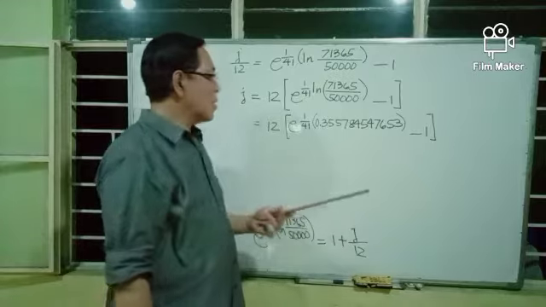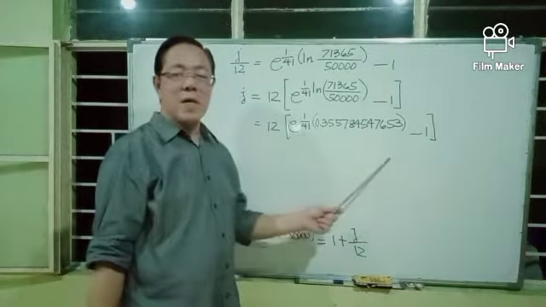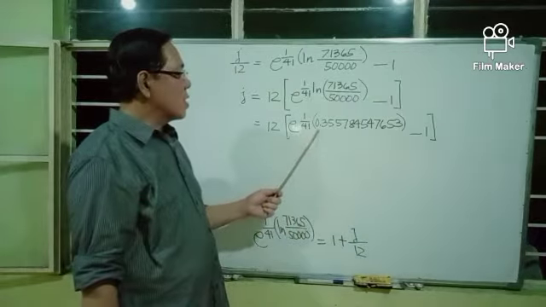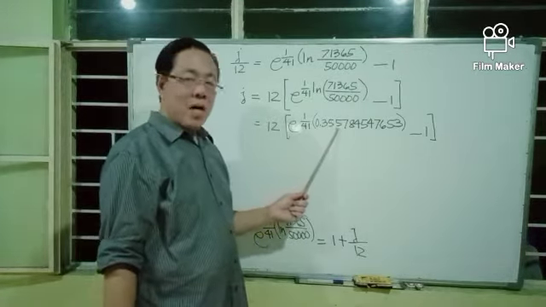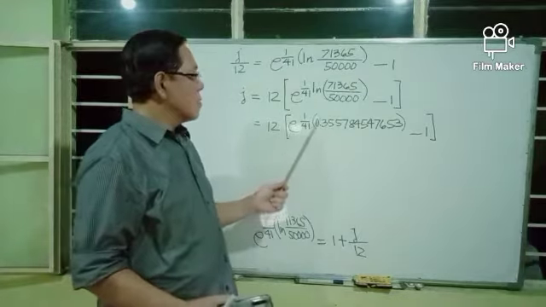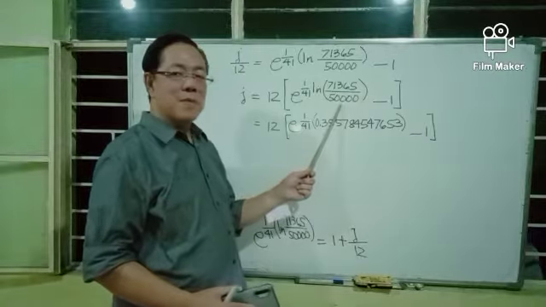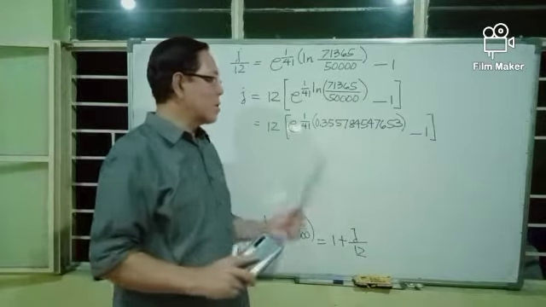Now you should get all the decimal numbers. Do not round off yet because this is not yet the final answer. Now divide your answer in your calculator by 41. When you get ln of 71,365 over 50,000, do not remove your answer in your calculator.